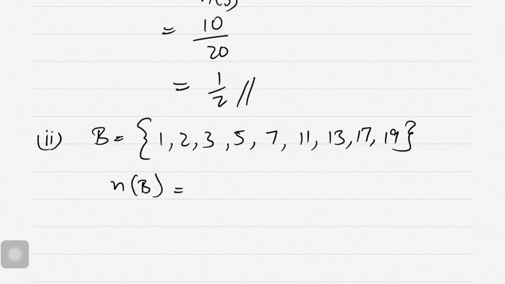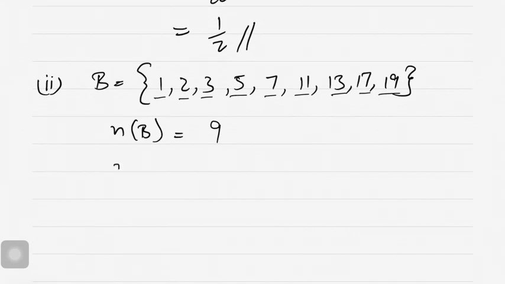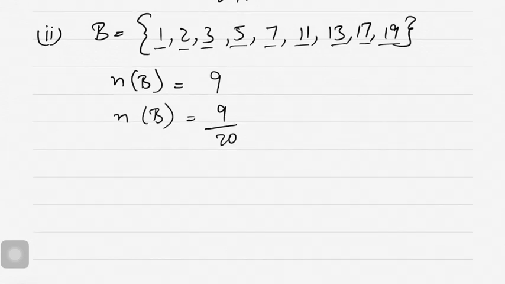Right? So my N of B will be, how many balls are there? 1, 2, 3, 4, 5, 6, 7, 8, 9. So 9 balls. So P of B will be 9 by 20.